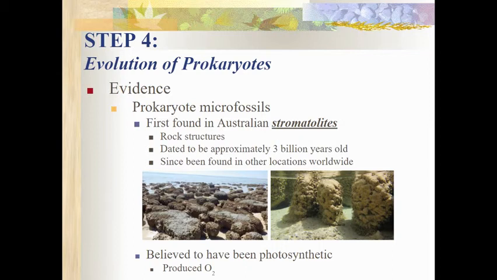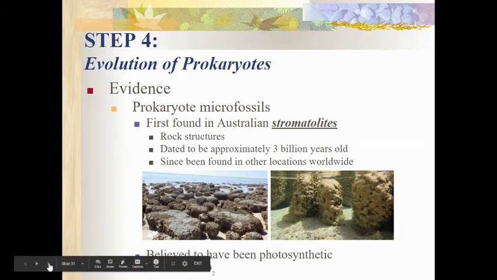These prokaryotes are believed to have been photosynthetic, meaning they would produce oxygen. And this was a really important step because remember, the early Earth's atmosphere did not have oxygen, but these microfossils showed that the prokaryotes would have been doing photosynthesis and started to put oxygen into the atmosphere.